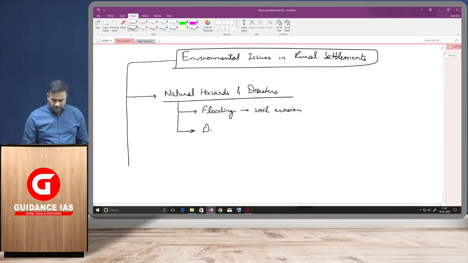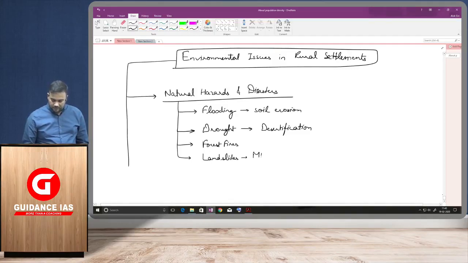Others like the case of drought. This is making increasingly threatening the phenomenon of desertification. Other problems can be there, like for example, situations of forest fires, very commonly found. There can be the problem of landslides.